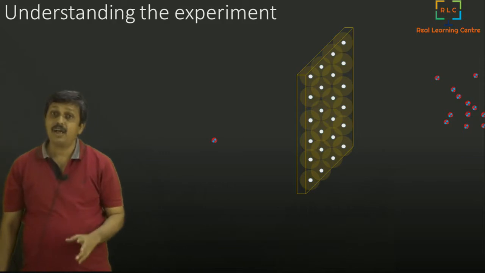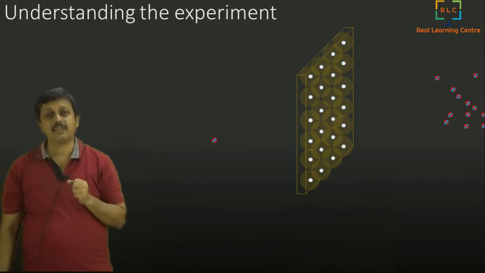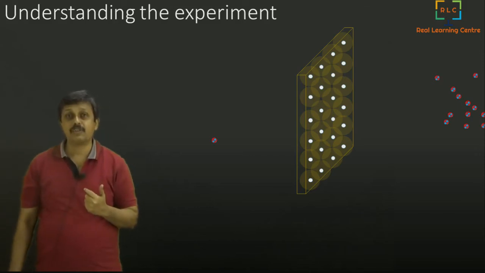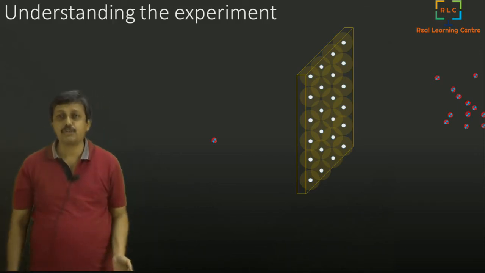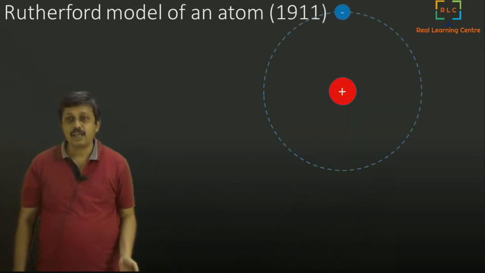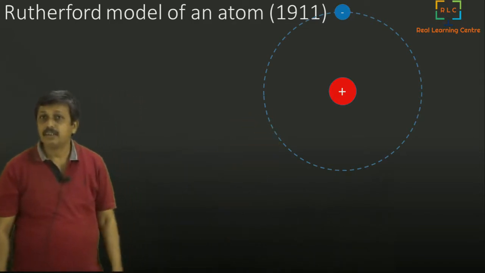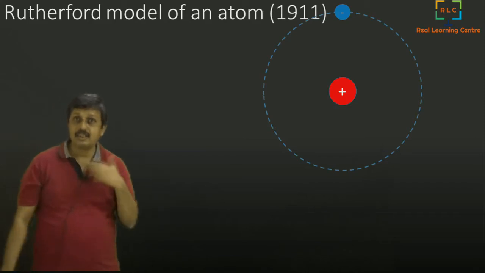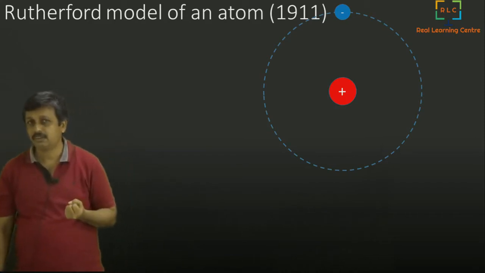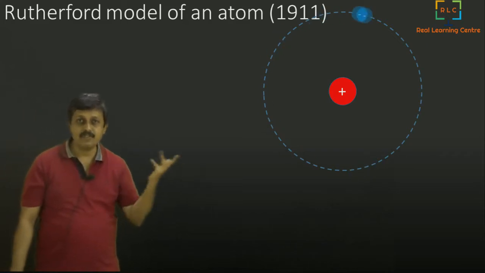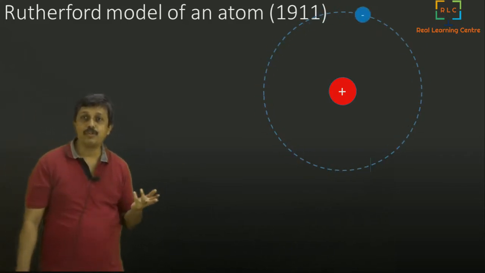So as per Rutherford, the atom is no longer a distributed positive charge. Now it is positively charged at the center, and the electrons he thought were moving, because they are there everywhere, and he could only attribute it to moving.